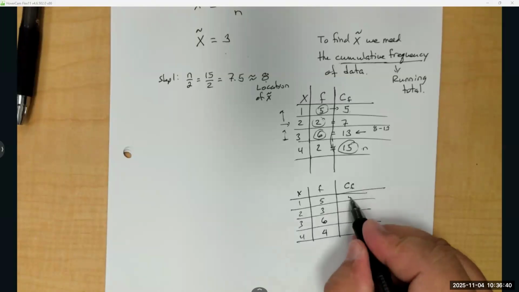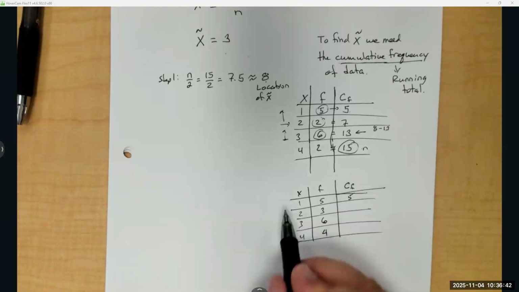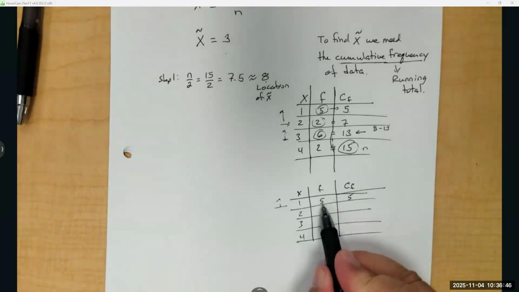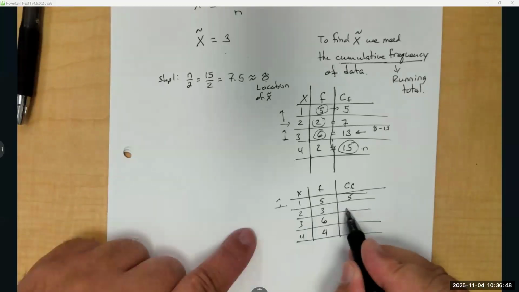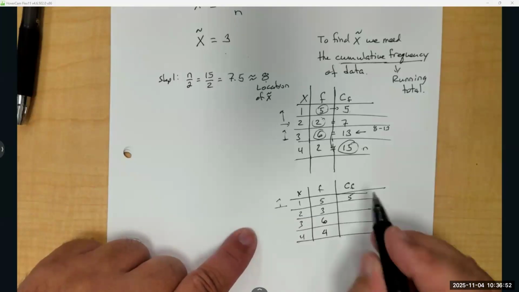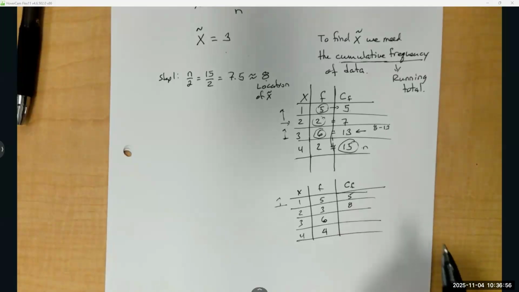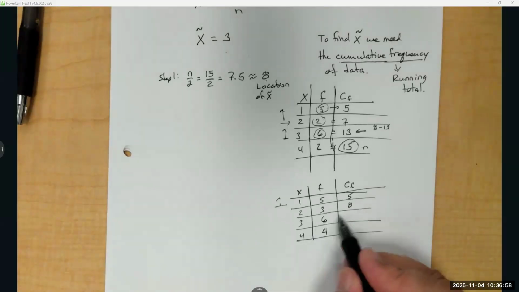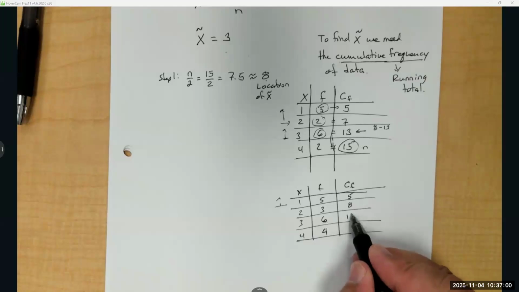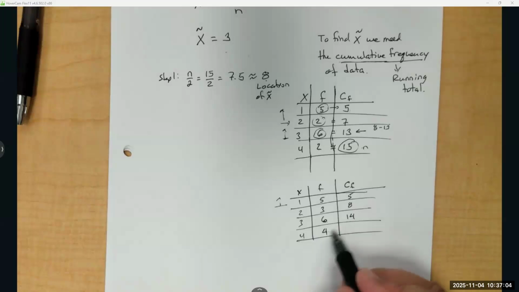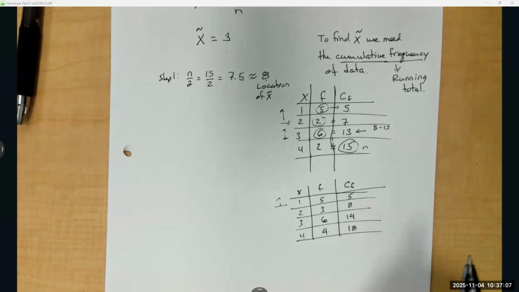Right, it's 5, because the cumulative frequency is, in this row down, how many pieces of data are there. There are only 5. How about the next one? 5 plus 3 is 8. In the next one, we have 5 plus 6, which is 14. And the next one, we have 14 plus 4, which is 18.